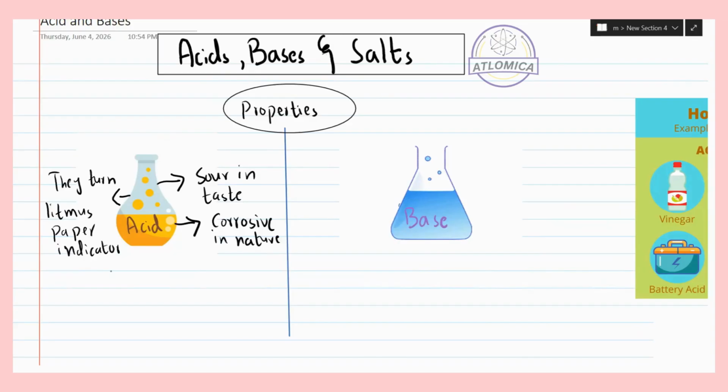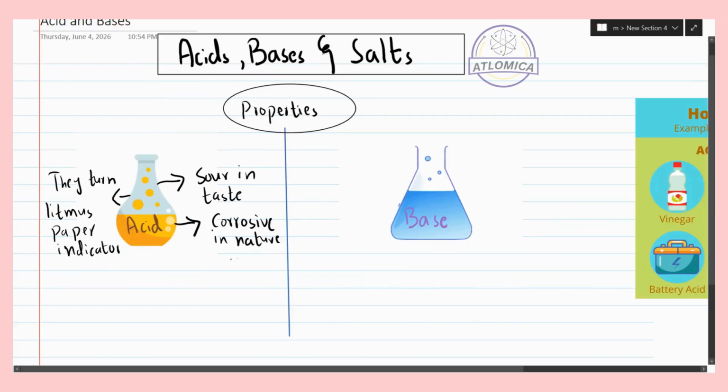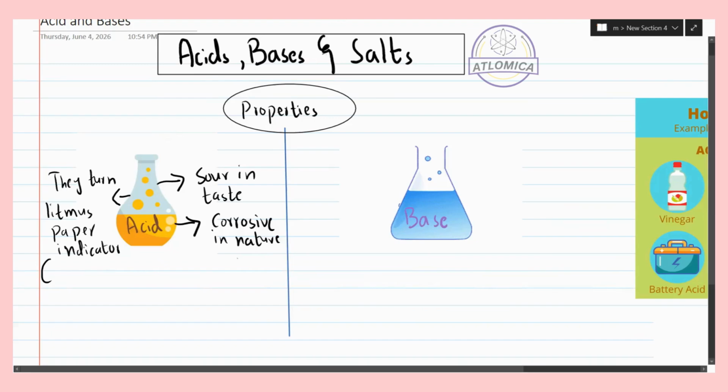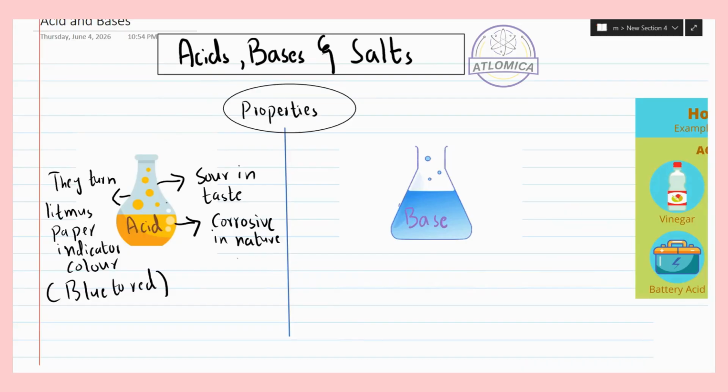If an acid is present, the paper will change color. So they turn litmus paper indicator from blue to red. So these are some properties of the acid. First, they're sour in taste, they're corrosive in nature, and third, they turn litmus paper from blue to red.